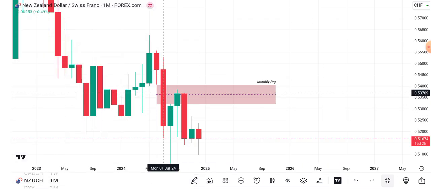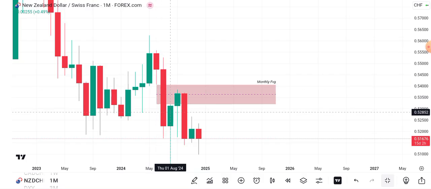In this case, we have this red candle that looks like a pin bar, then this large fat candle that whipped down, and then this bullish candle that also looks like a hammer or something like that. So this space between the low of this candle and the high of this candle is what we call a fair value gap.